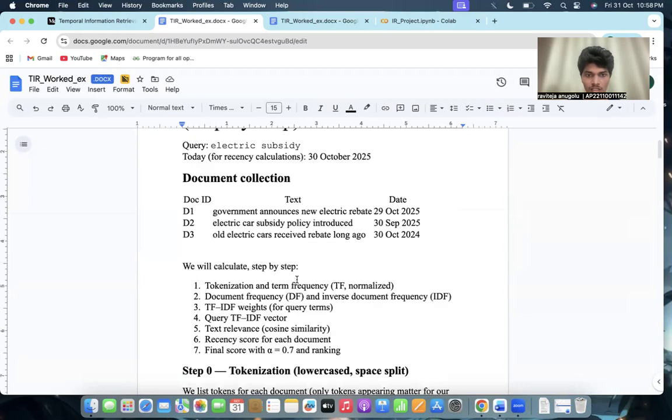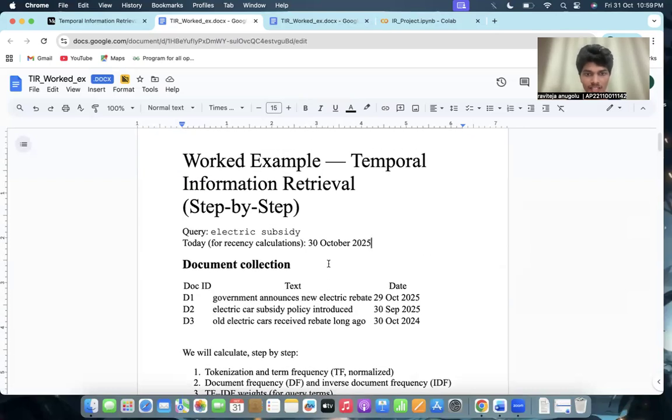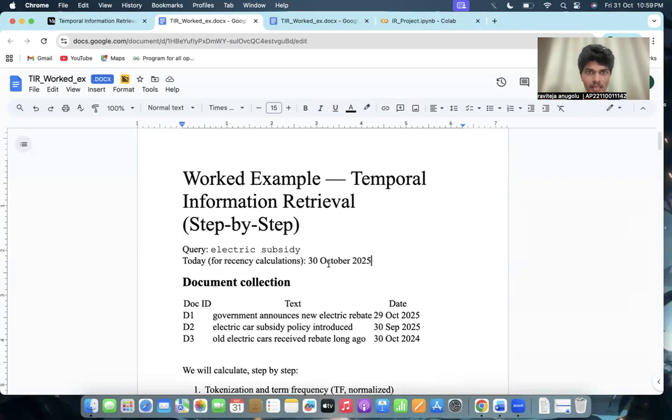Coming to the next one, D1 is ranked second because today's date is 31st November, which is near to 29th October 2025. That is why, with the help of the recency score, it is ranked second, and the remaining one is ranked third. This is how the temporal information retrieval system works and is calculated.